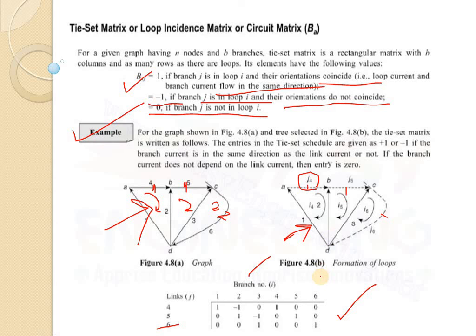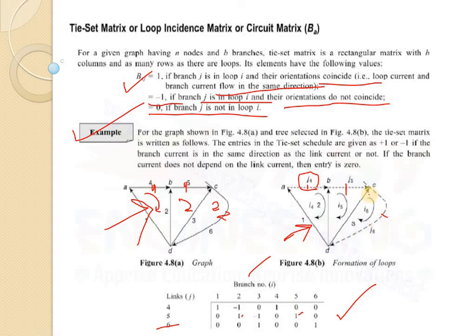Next, in link 5, this one, the loop is connected between 2, 5 and 3, and the directions of 2 and 5 are the same and 3 is opposite. That means 2 and 5 will be plus and 3 will be minus.